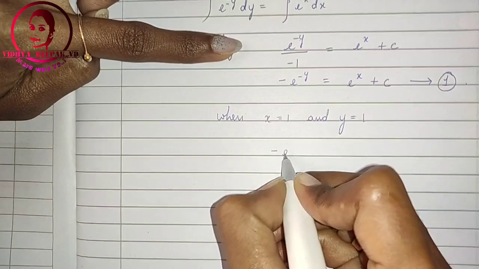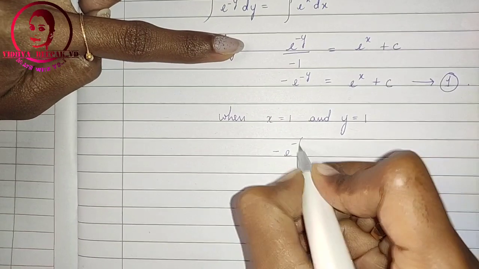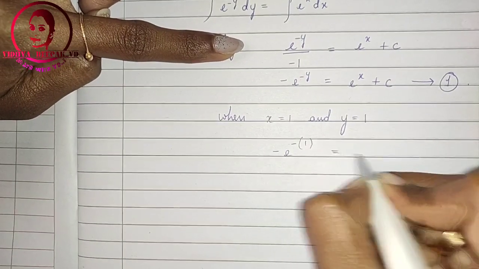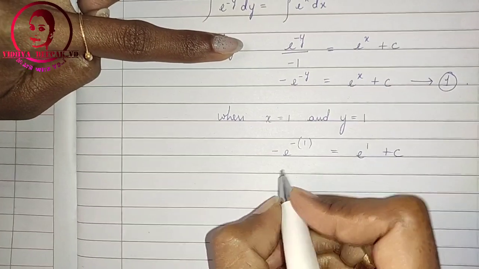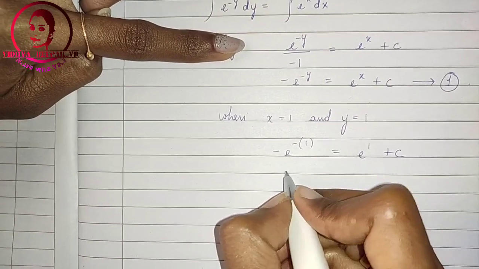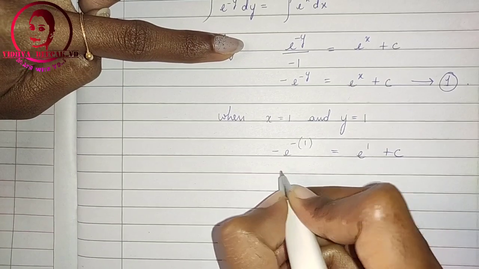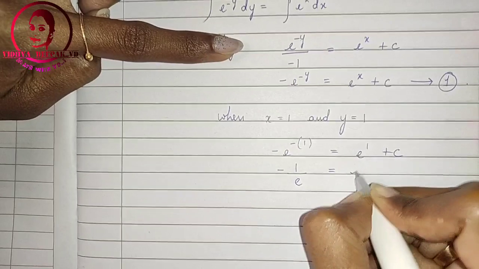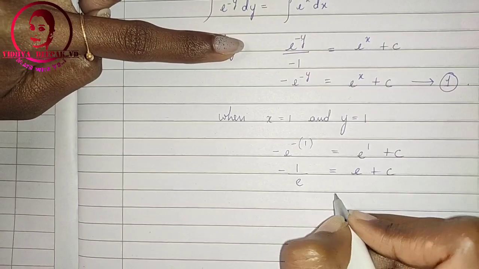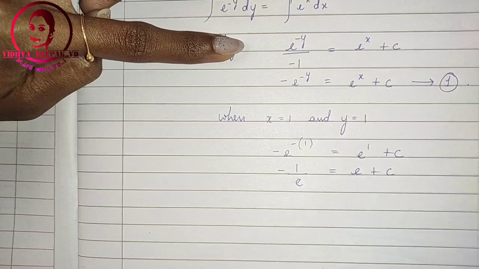I'll have minus e to the power of minus 1 is equal to e to the power of 1 plus c. So this can be written as minus 1 by e is equal to e plus c, right?